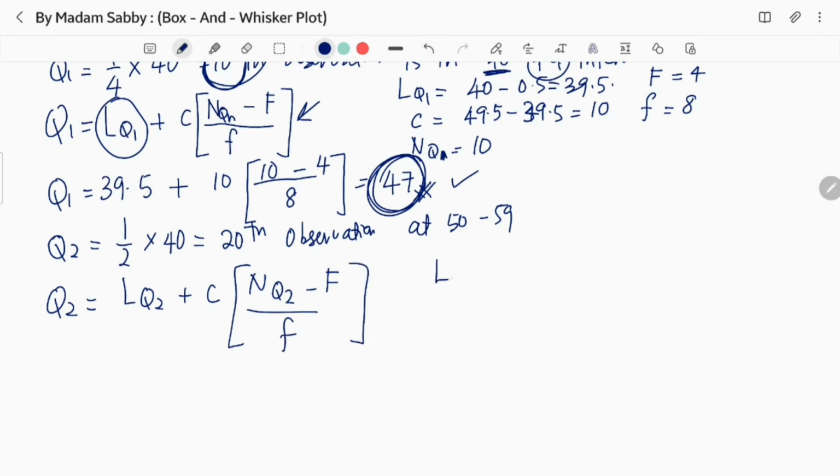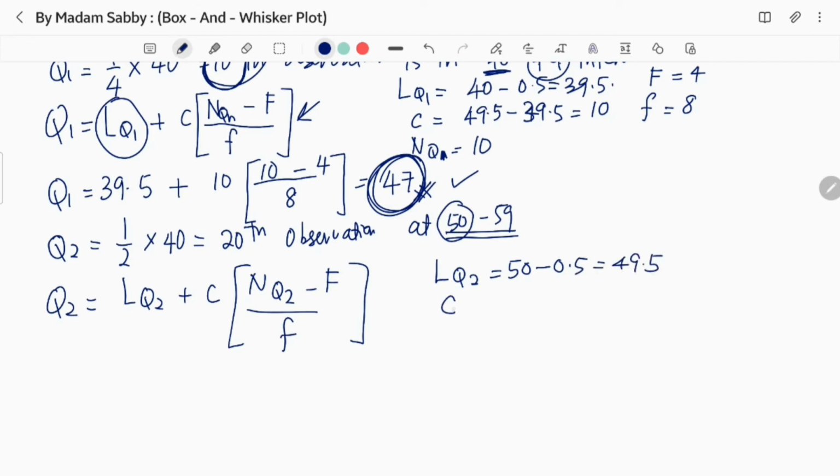Okay, so LQ2 stands for the lower boundary of the class interval for your median, which is between 50 to 59. So the lower boundary is 50 minus 0.5, which is equivalent to 49.5.